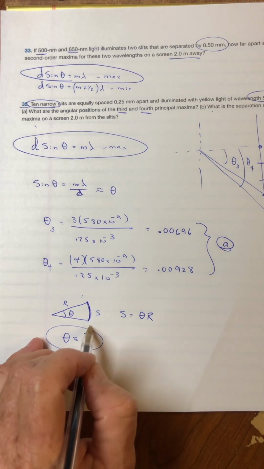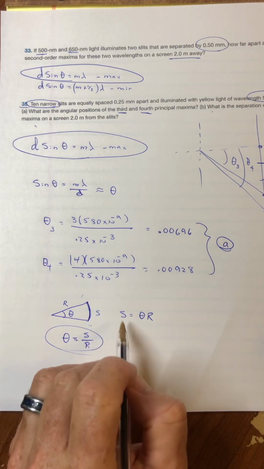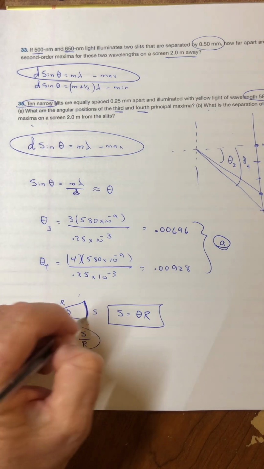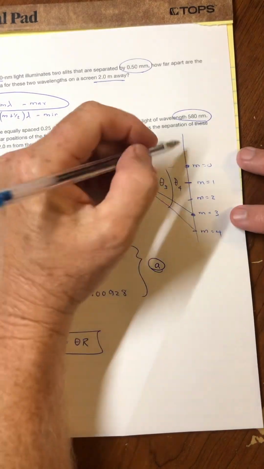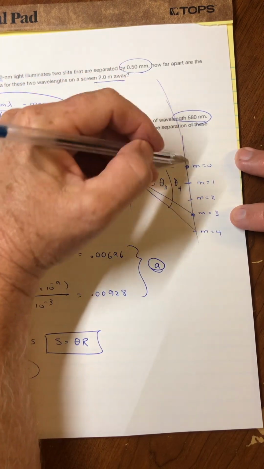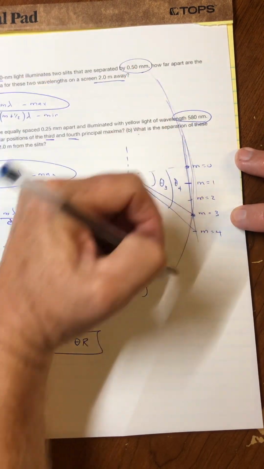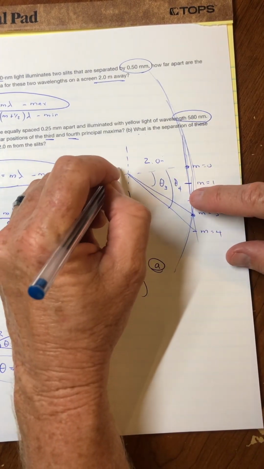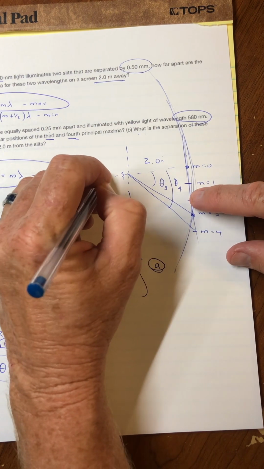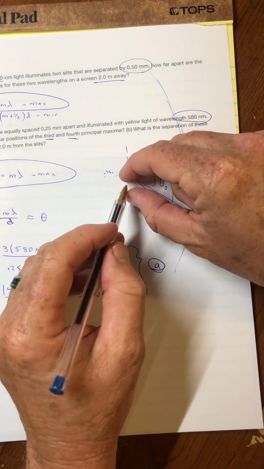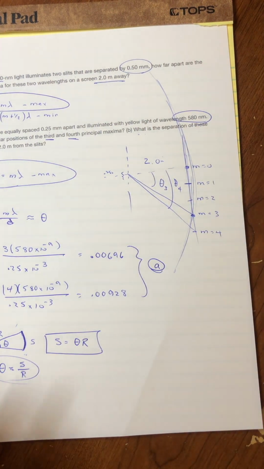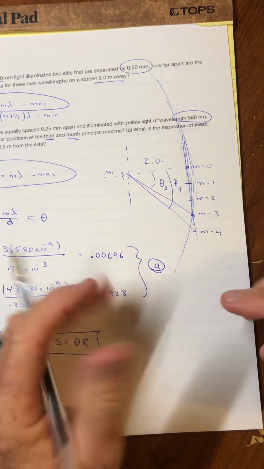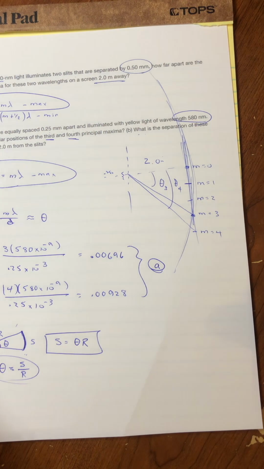And in this case, I think it would be better to use radians because of this step right here, because they want me to find it on the screen. And we can say this screen isn't quite an arc, but it's pretty close by the time you realize that this distance here is 2 meters, but these distances are only 1/4 of a millimeter. So this is really tiny, and this is really far. And so we can say this screen is essentially part of an arc, or the arc is so big it's kind of flat.